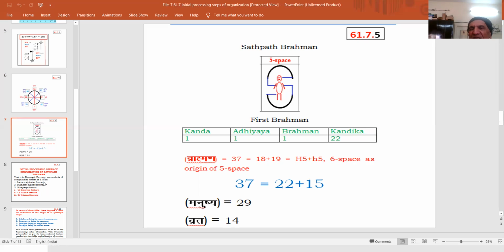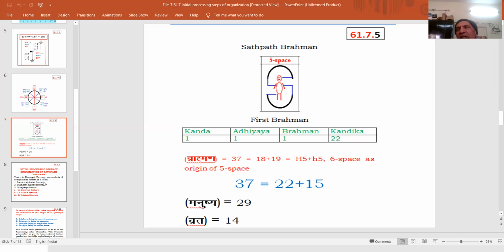Now see the value 37, the transcendental code value of Brahman, is also of the split 22 plus 15, and value 22 is the value of hypercube 6, and 15 is the value of the dimensional frame of 5 solid dimensions of 5 space.